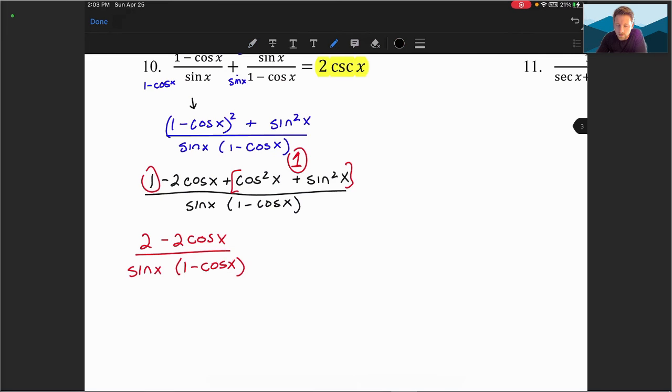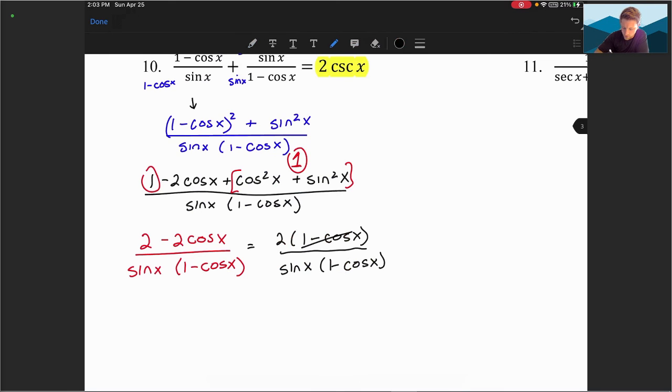Notice that the 2 in the numerator here, we can distribute this out to give us the following expression: 2, 1 minus cosine x, and then we'll have sine x, and then 1 minus cosine x. This is looking really good because these two items can cancel each other out.